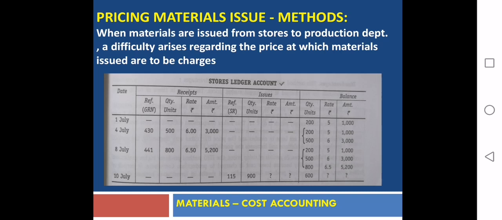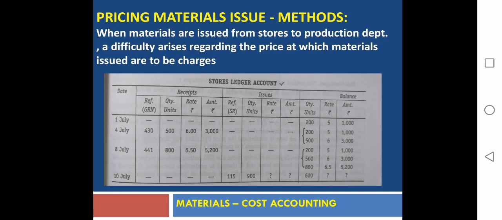Now out of 900, whether to take 800 from the latest one and 100 from the 500, or 200 from the first and 500 from the second, so total 700, still 100 more required, which we can take from the 800, or take an average of all these combined and take 900, but at what rate?